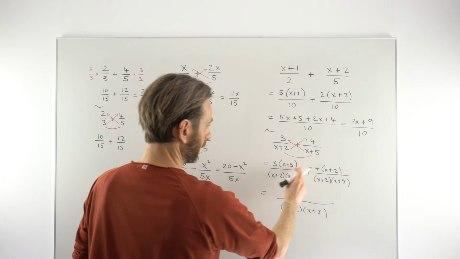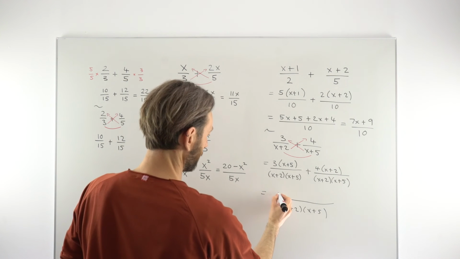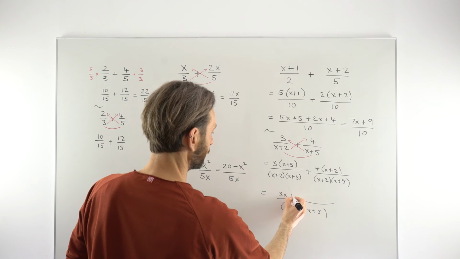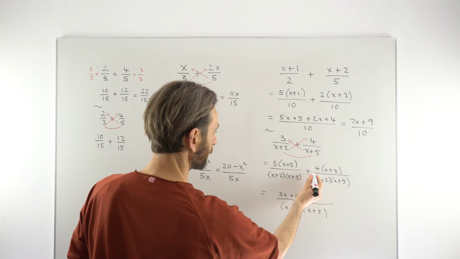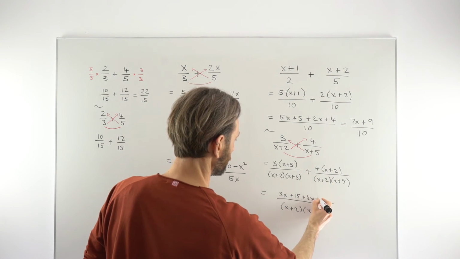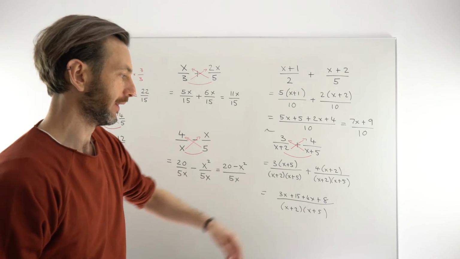And then we're going to combine these two, and I'm going to multiply them out at the same time. So 3 times x to give 3x, 3 times 5 to give 15, plus 4 times x to give 4x, and 4 times 2 to give 8. And then we would just finish that off by merging the like terms.